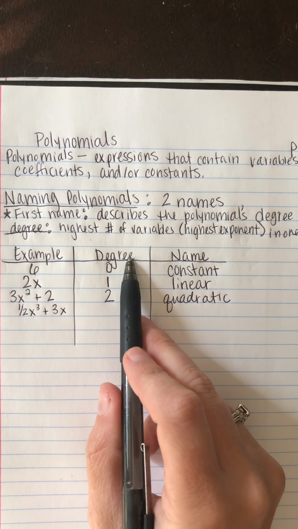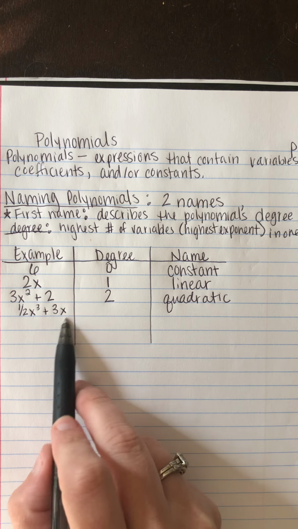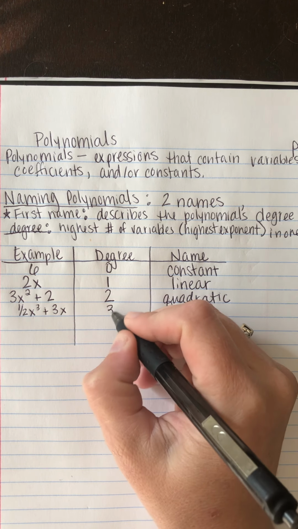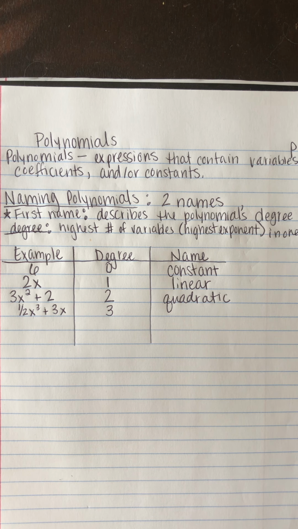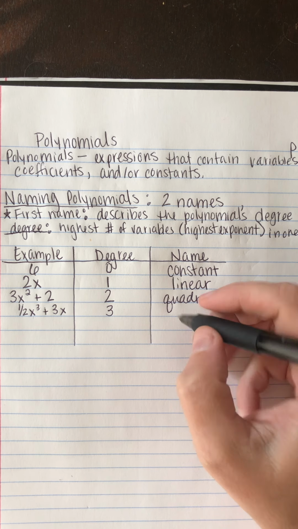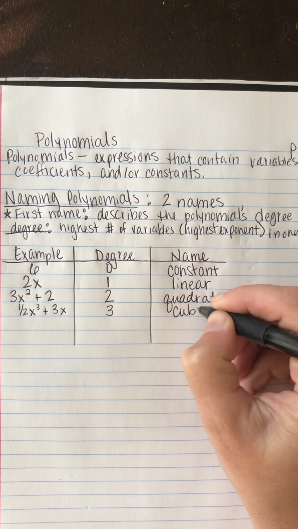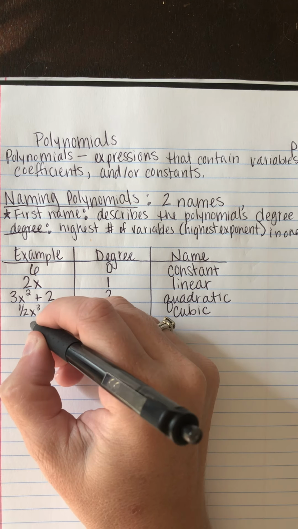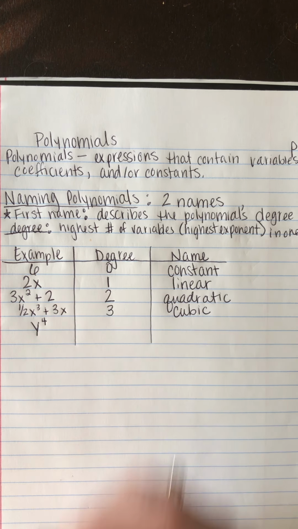That's going to tell us our degree number. So we don't really care about this one right now. We're looking at this one. It's got the highest exponent. Our degree is 3. When you have a degree of 3, we call that a cubic polynomial. Cubic.